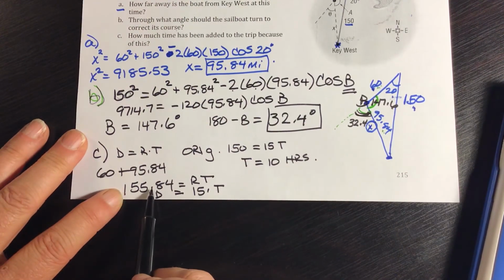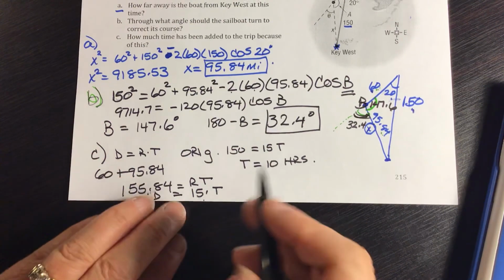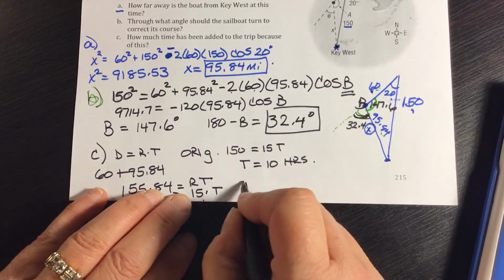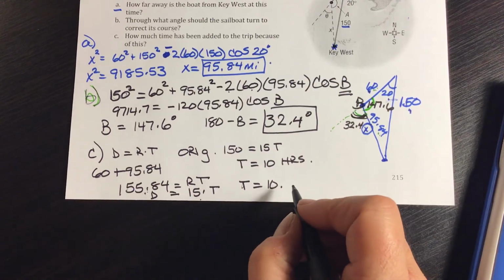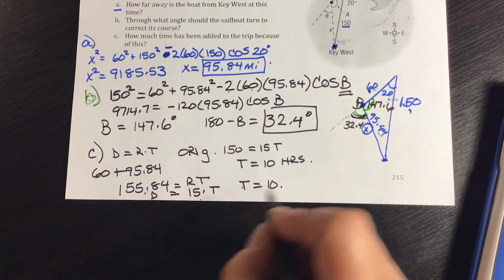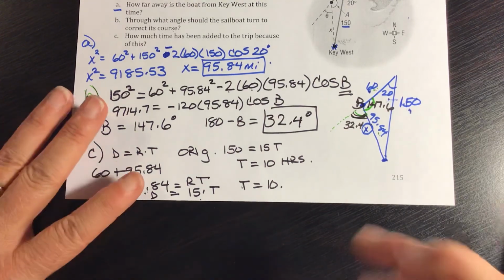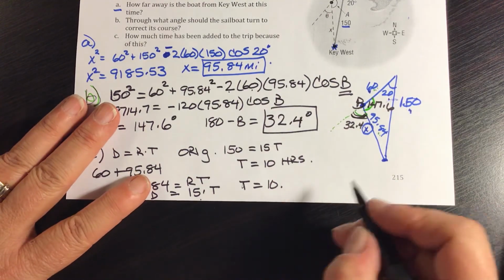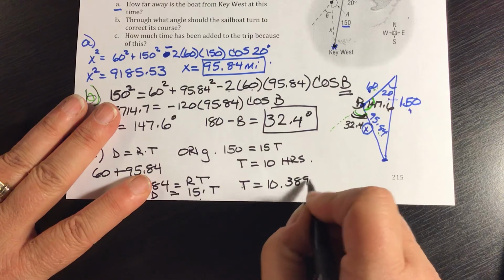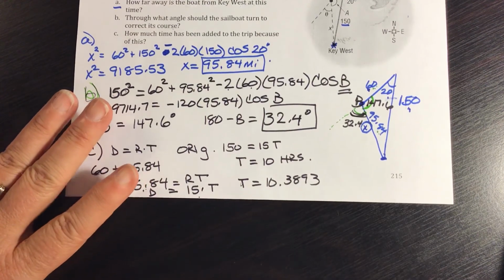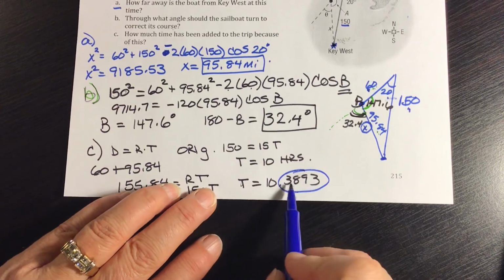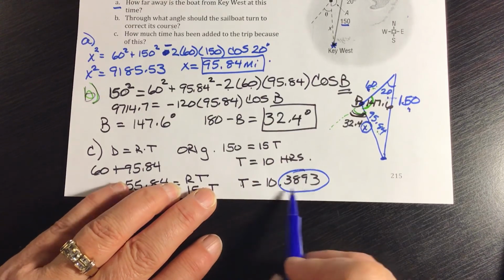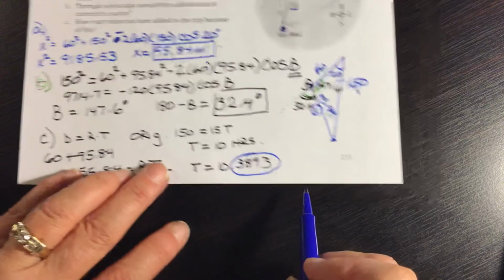So 155.84 divided by 15. This time is 10 hours and, what was that? 10 hours and 0.3893. So this is the part that's extra. So this part of an hour is how much they went out of their way.